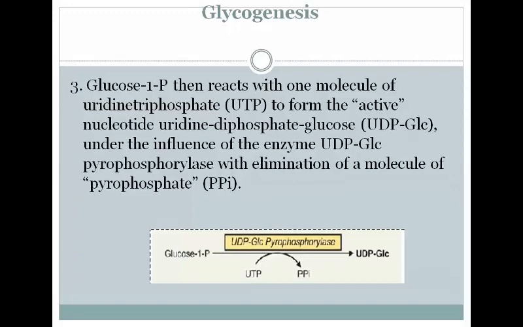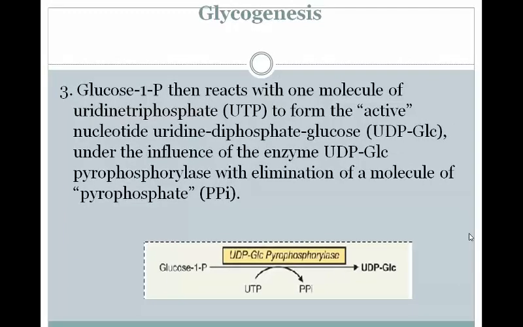The remaining 2 phosphate groups will be released in the form of a molecule of pyrophosphate. So UTP will react with glucose 1-phosphate and form UDP glucose, the uridine diphosphate glucose, and 1 molecule of pyrophosphate will be released.